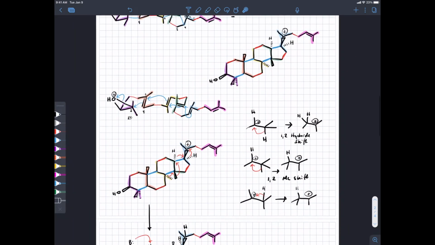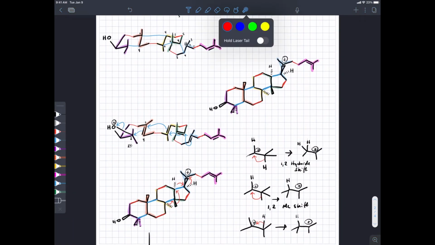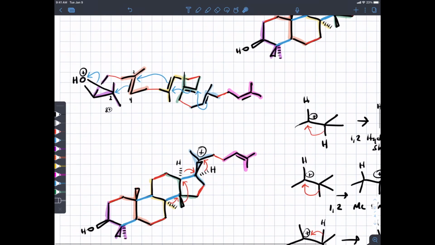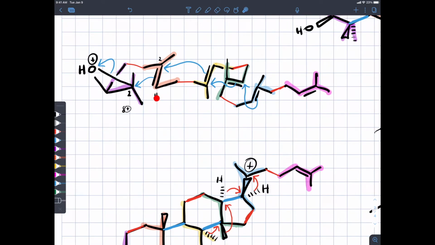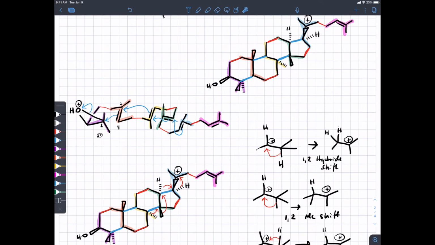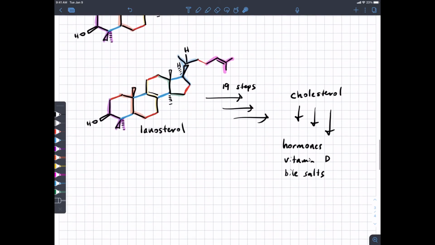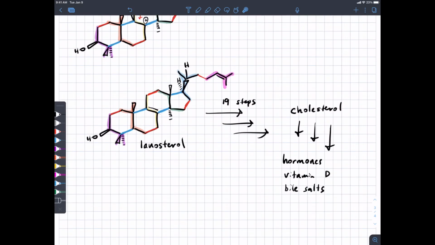You would need to recognize which arrows form which bonds. And you would need to be able to explain some of the regioselectivity where possible. For example, why does carbon 4 form a bond with carbon 2 instead of a lot of other possibilities? Okay?